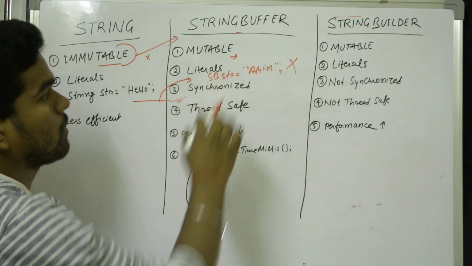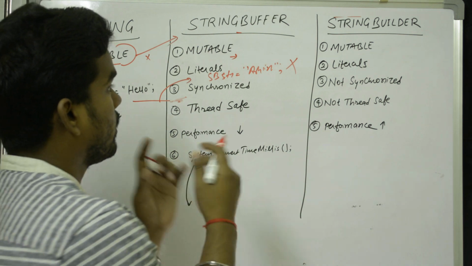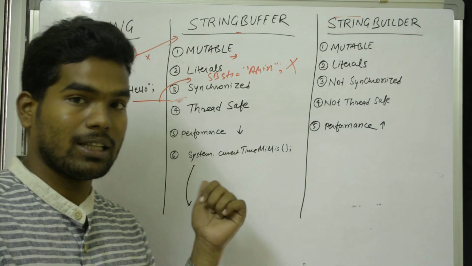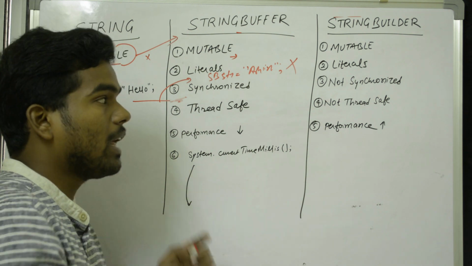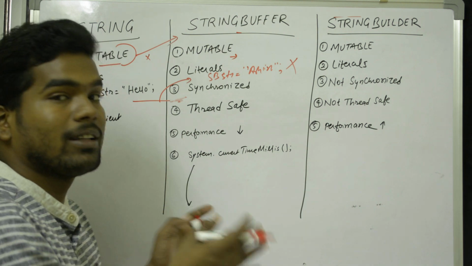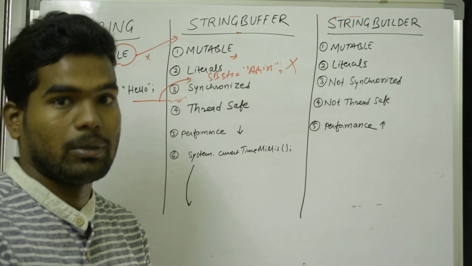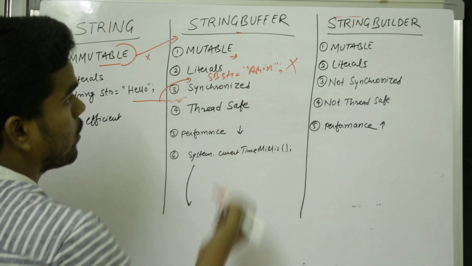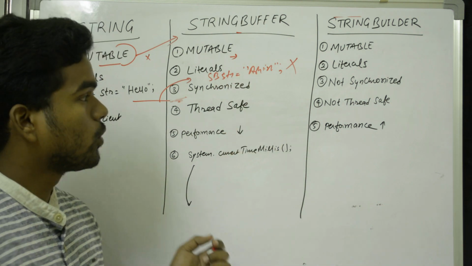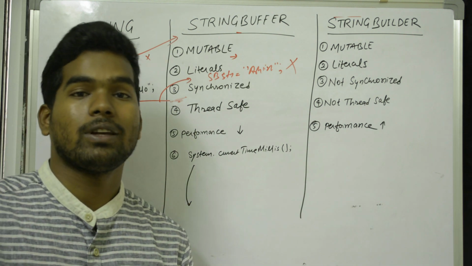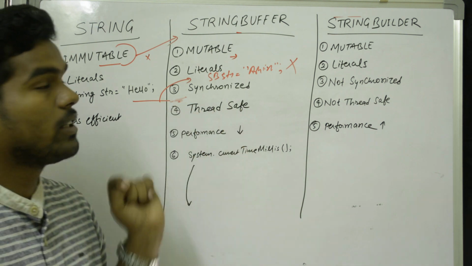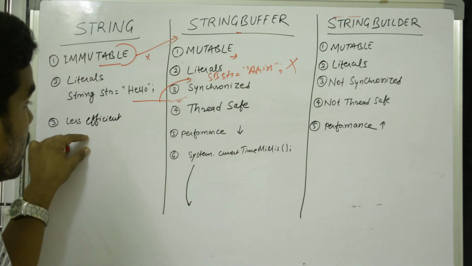But in the case of a StringBuffer, it doesn't worry about whether it has been created earlier or not. It will create a new object every time, whether you provide the same data or different data, it doesn't matter. Because of using the new operator, it is going to create it inside the heap memory. The new operator never worries about whether it has been created earlier or not, either in the case of a String or a StringBuffer.